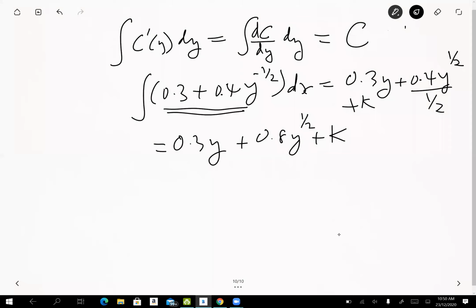So at y equal to 0, c is equal to 6 trillion.